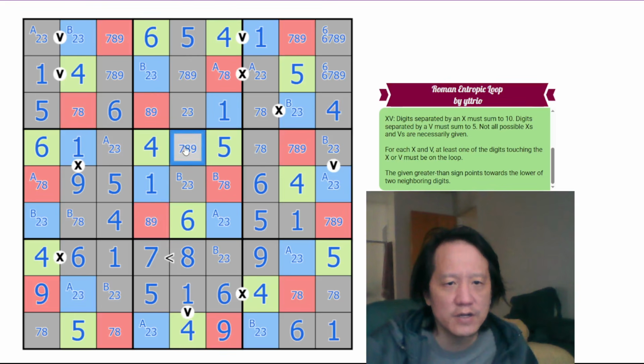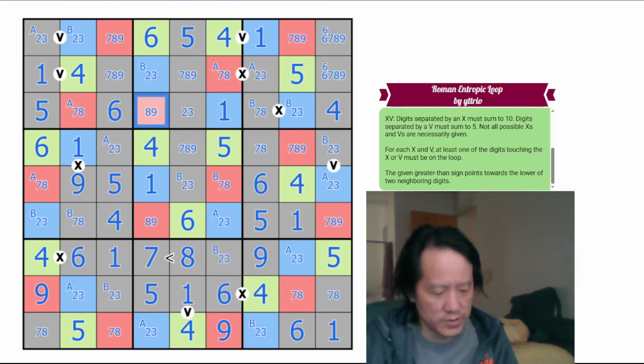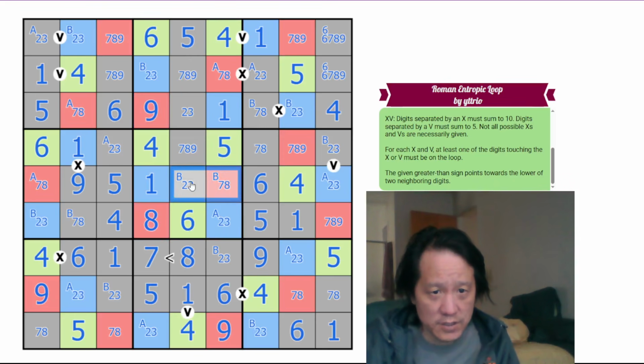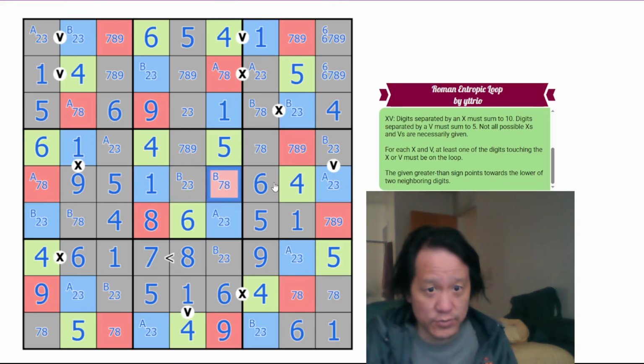A 7, 8, we don't know. This is a 7, 8 pair. So this is A, this must be B, which makes this A. So this cannot be A or B, so it's 9, which makes this 8, which makes this 7. So B is 7 and 3.